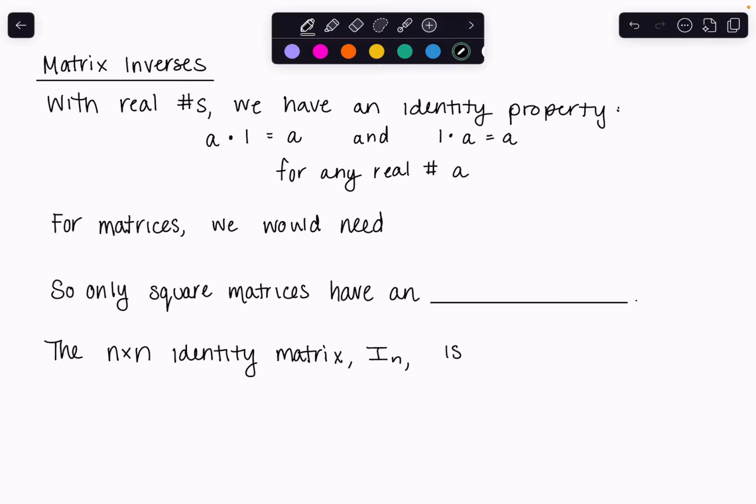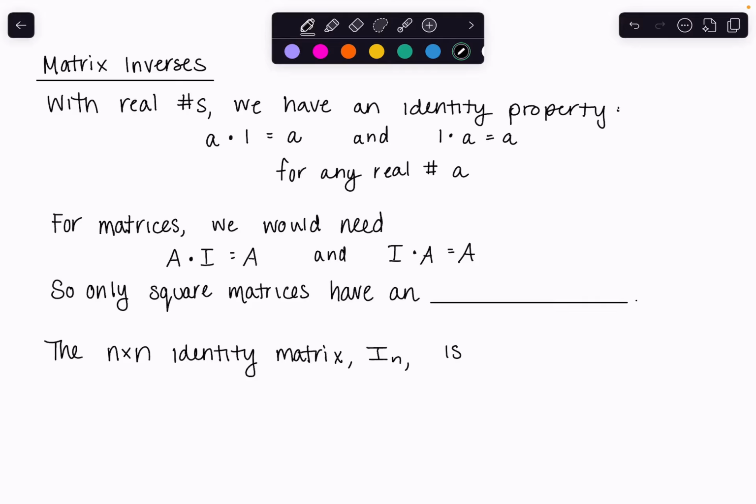Okay. So if I now extend this idea to matrices, what we would need is A times something, I'm going to call it I for identity, needs to equal A. But also if I multiply on the other side, it's got to result in just getting A back.